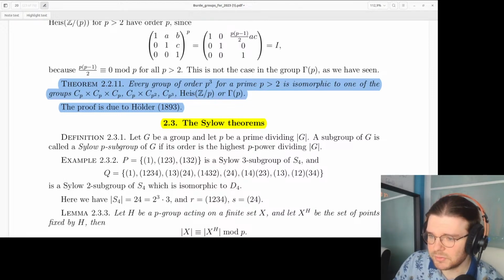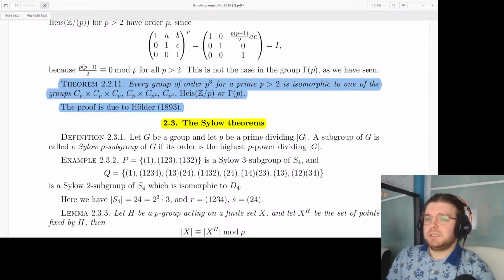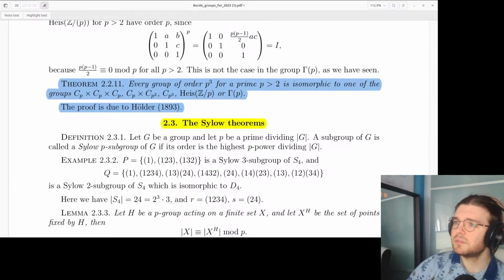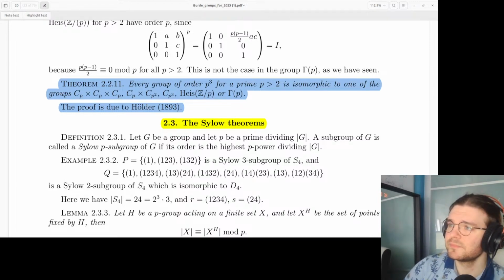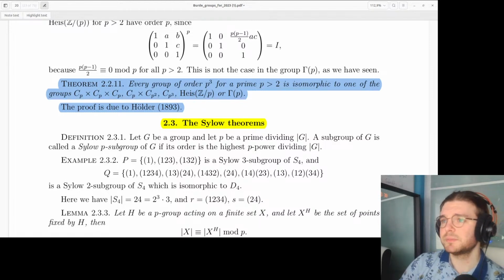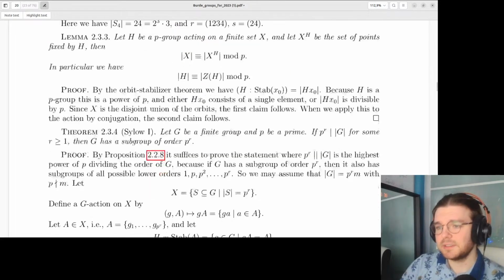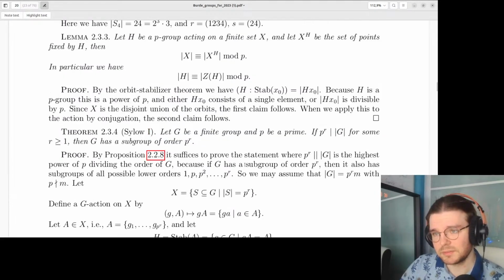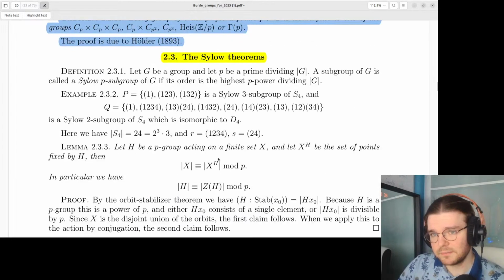Let's see what we have. Exactly. Sylow. Okay. Perfect. So we're looking at those Sylow theorems. And then we're also going to look at some other things. So let's get to those when we do.